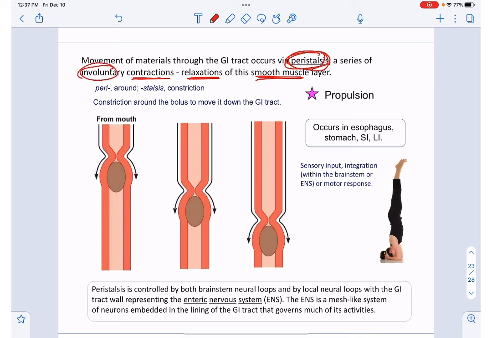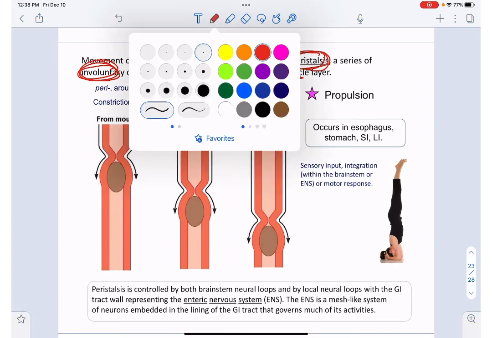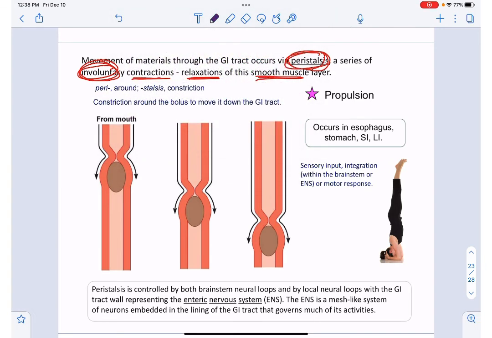And this is all involuntary. Peristalsis is the primary form of propulsion that's going to move food all throughout the alimentary canal. So it not only occurs in the esophagus, but it's also going to occur in the stomach, the small intestine, and the large intestine.